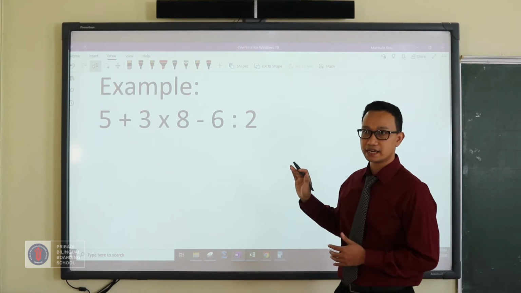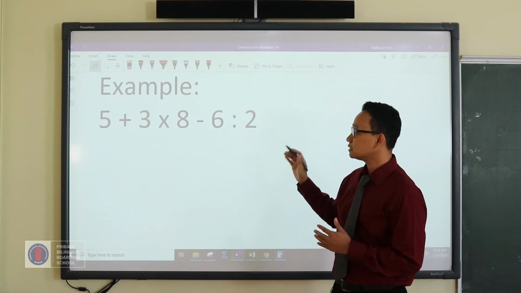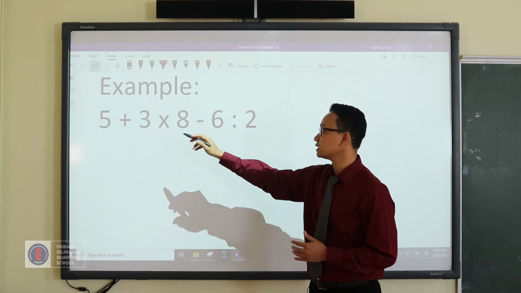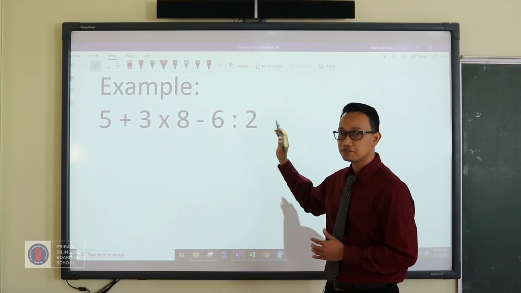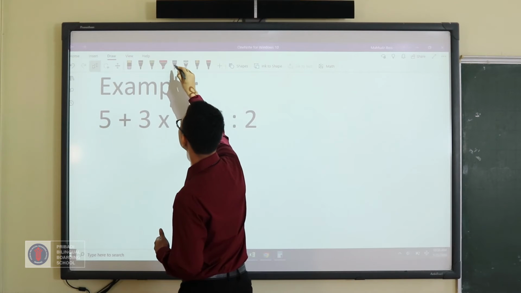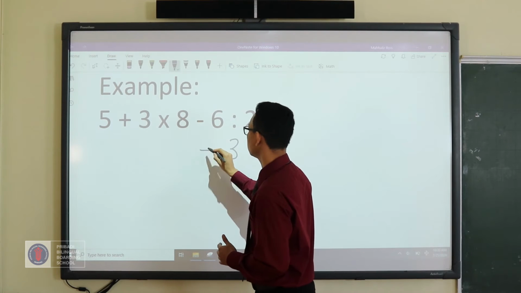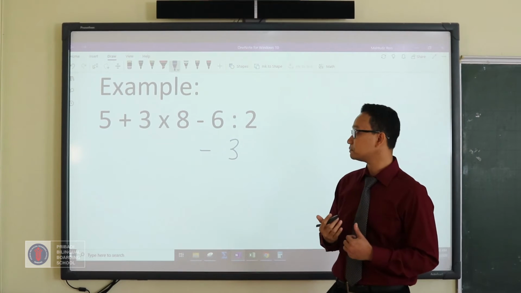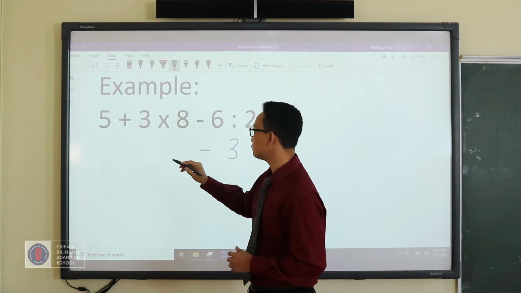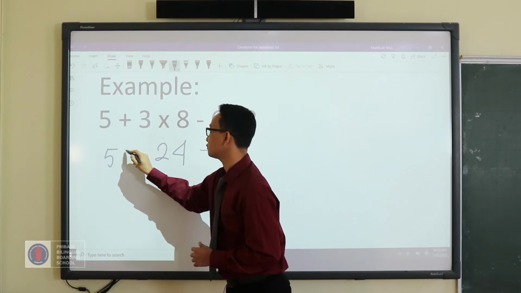Since we don't have brackets or parentheses here, we can start with the division, then multiplication, addition, and subtraction. So we do the division first: 6 divided by 2 is 3. After that, multiplication: 3 times 8, which is 24. And the last, 5 plus 24.